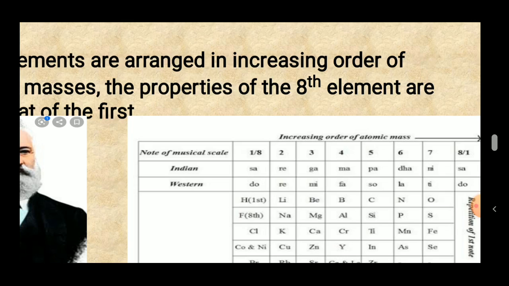In the same way, if I consider beryllium as the first element, the 8th element comes as magnesium. So the properties of beryllium, the first element, are almost similar to those of the 8th element, magnesium. In the same way you can compare boron and aluminum, carbon and silicon, nitrogen and phosphorus, oxygen and sulfur, and lithium, sodium, potassium. It gives similar elements.